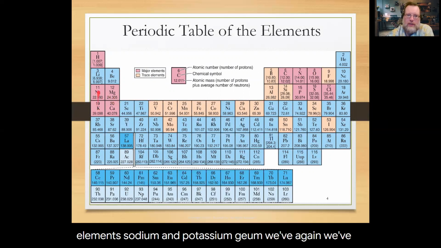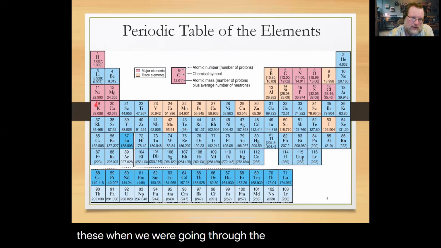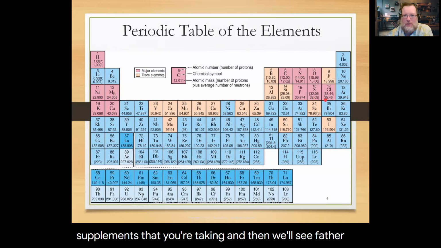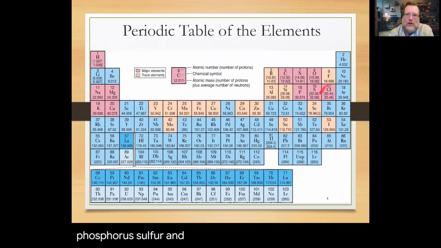We saw these when we were going through the nervous system. Magnesium and calcium, two big ones that hopefully you're consuming every day in whatever foods and maybe even supplements that you're taking. And then we see phosphorus, sulfur, and chlorine.